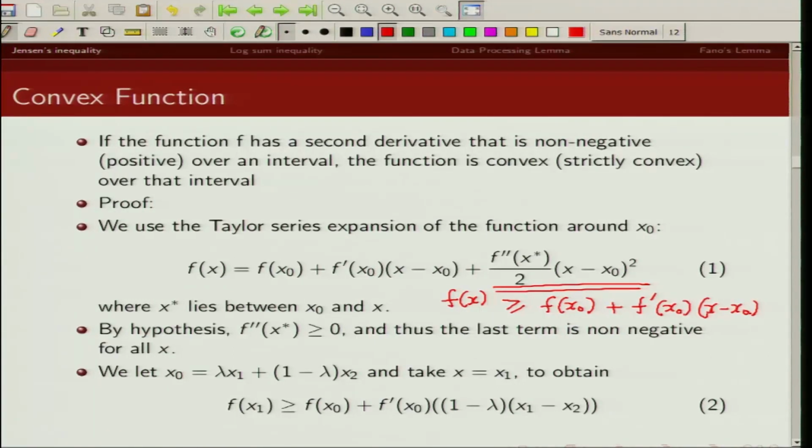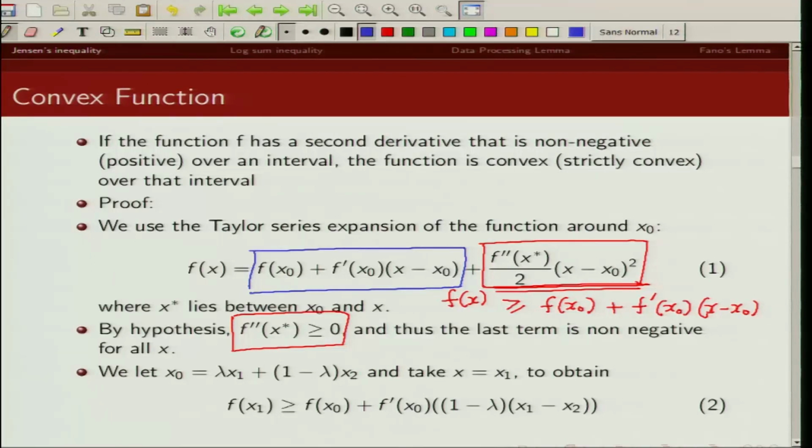This follows from the fact that since this term is non-negative, this whole term will be non-negative, so f of x will be greater than or equal to this term.